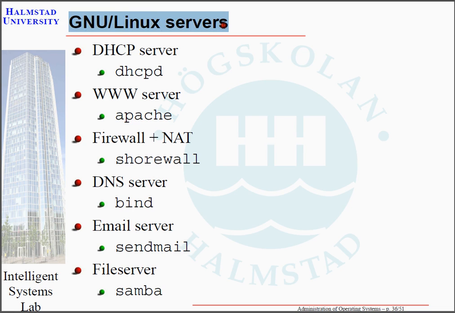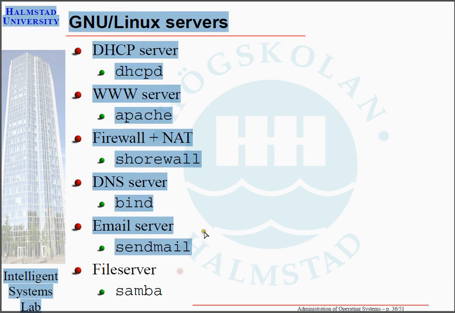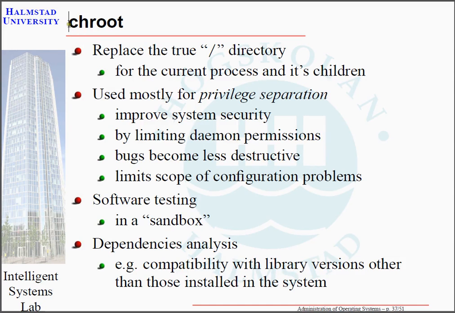There are a number of servers which we will be talking about in future lectures. We will be talking about DHCP, web server, firewall, DNS server, email server, and file server. Another important concept when talking about servers is chroot, or change root, which allows replacing the true root directory for the current process and all its children with something else.